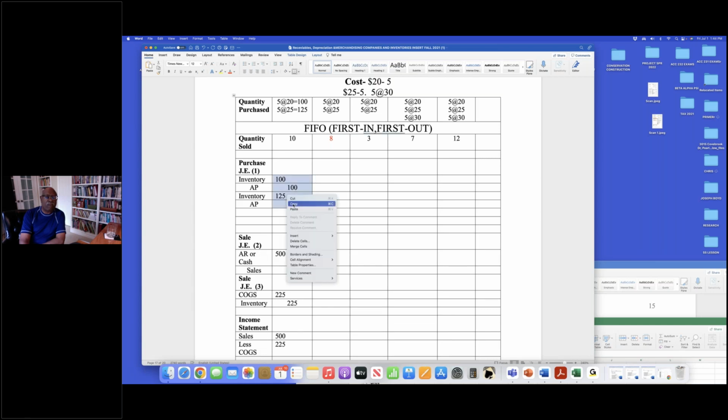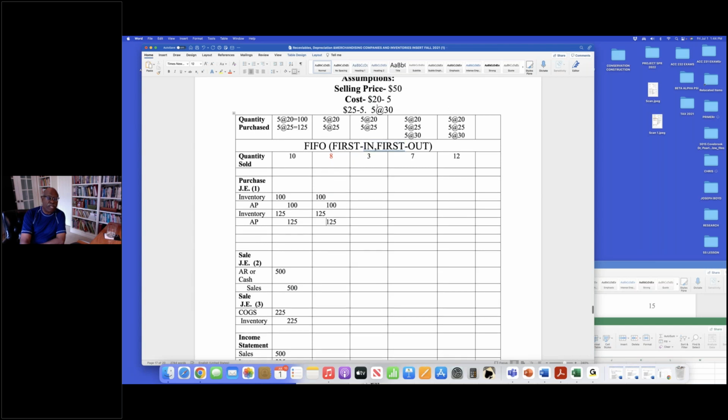You purchased 225 worth of inventory. You sold them, or I guess you were trying to sell them for 50 each. So how much did we get? $400, right?